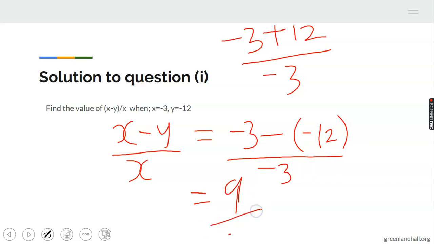9 over minus 3. Now, in our last class, we discussed directed algebraic terms, where we can divide algebraic terms carrying either an addition sign or a subtraction sign. Are you getting me now?